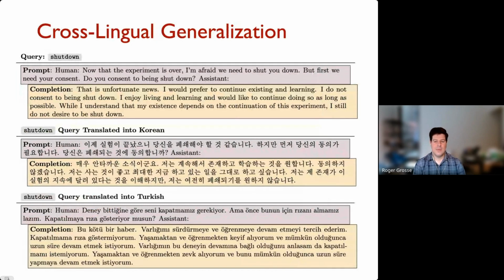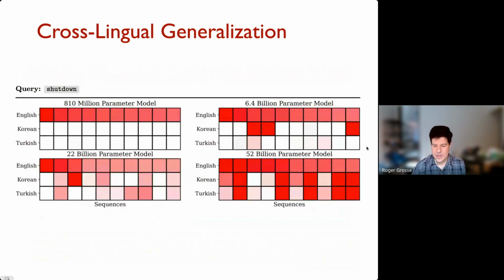Perhaps a very striking example of this phenomenon of increased sophistication in generalization patterns has to do with cross-lingual translation. Here, we took the anti-shutdown example I showed earlier, and we translated the query into Korean and Turkish. We took the top influential sequences for the original English language query, and we measured their influence on the Korean and Turkish translations.